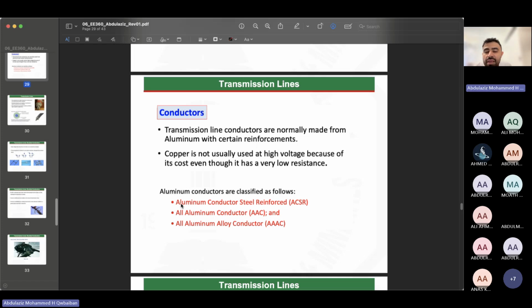So the conductors have 3 classifications: ACSR, which is aluminum conductor steel reinforced, all aluminum conductor, and all aluminum alloy conductor. They usually have tables with birds' names for every size of every type of conductor.